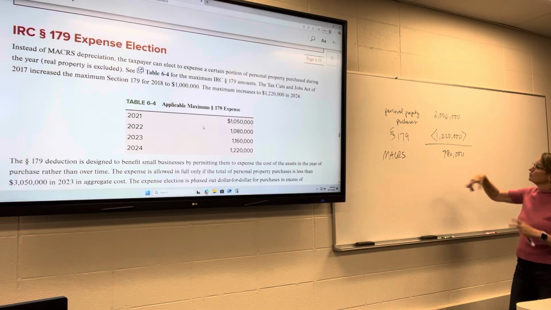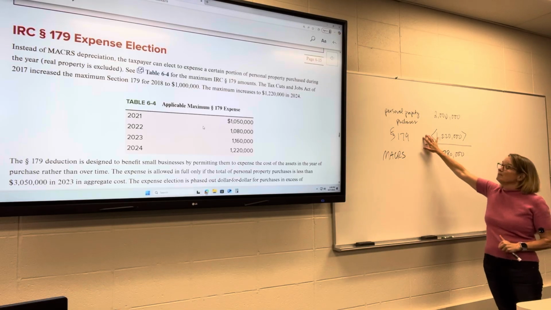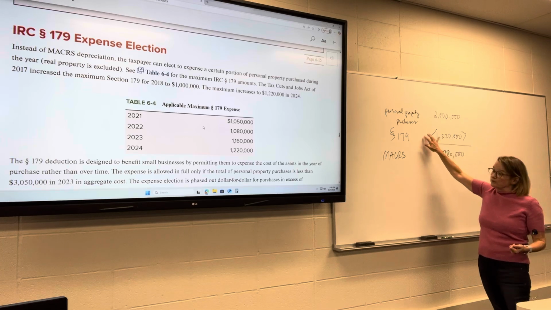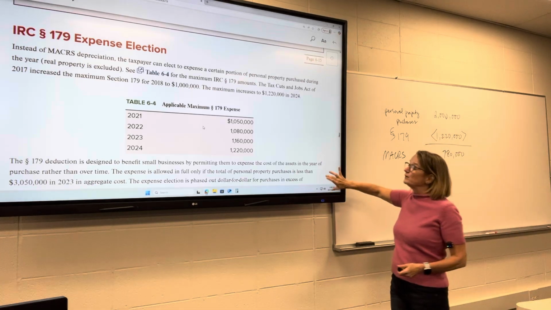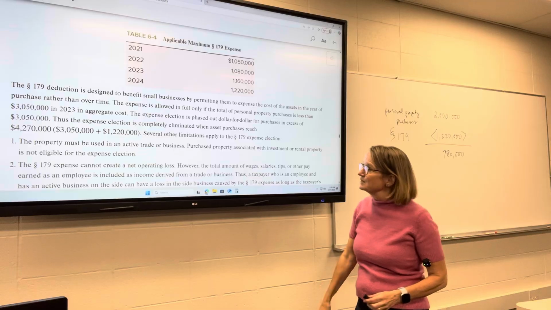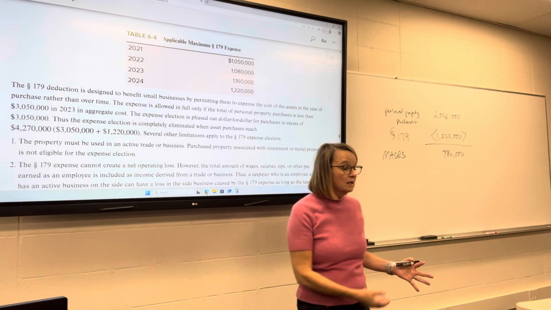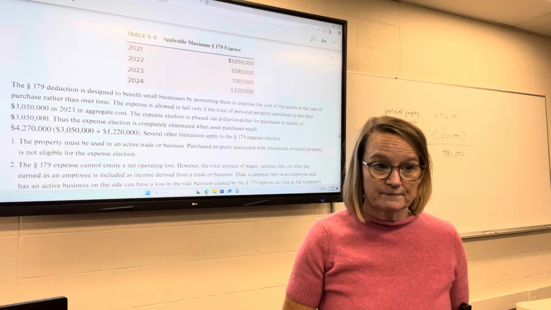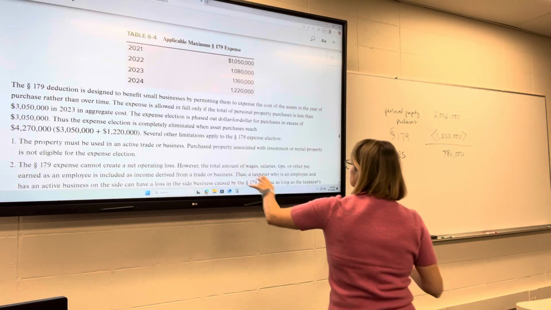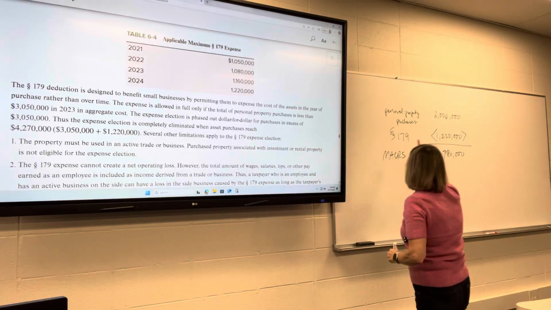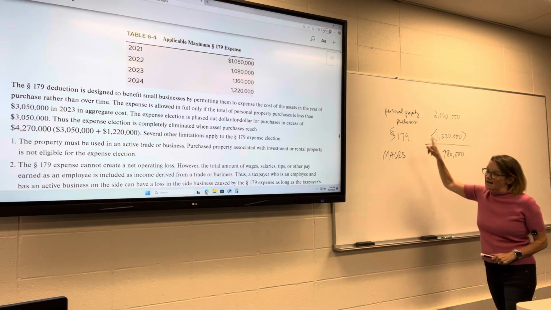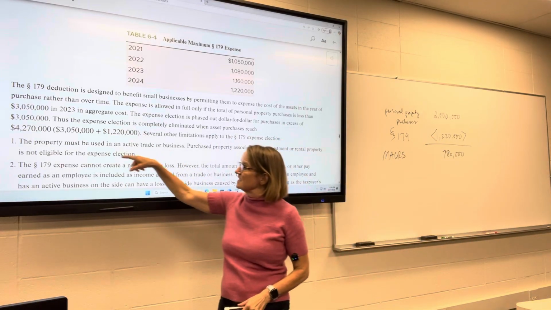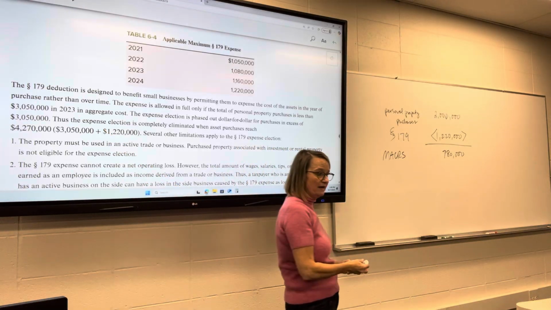Now we're limited as to how much we can take in an immediate write-off just by the amount of assets that we purchase, but we have an additional limitation based on the total personal property that we placed in service during the year. So this expense election is phased out dollar for dollar for any purchases in excess of $3,050,000.